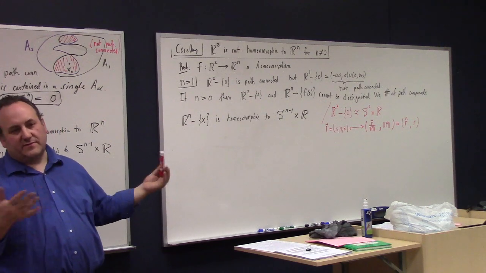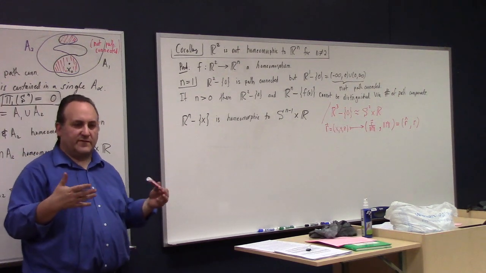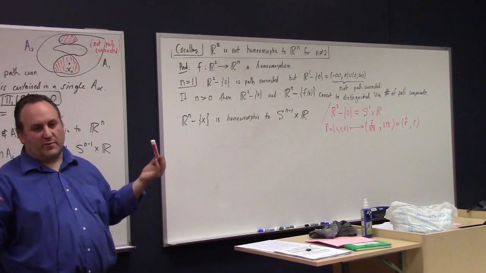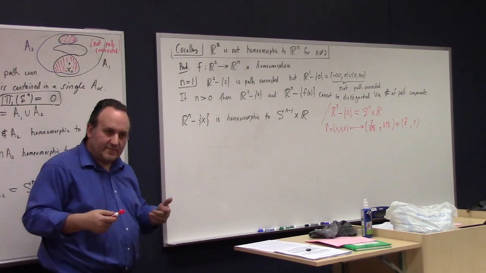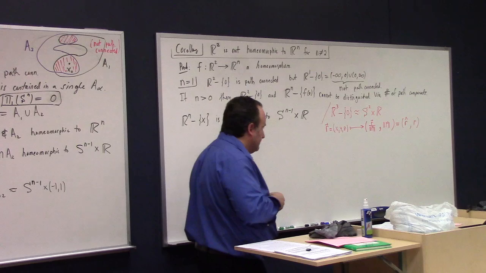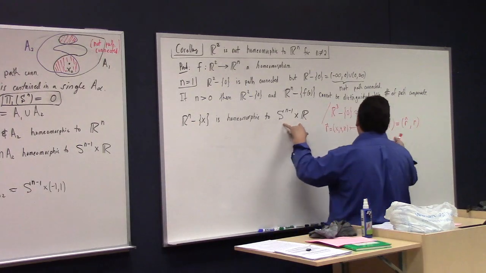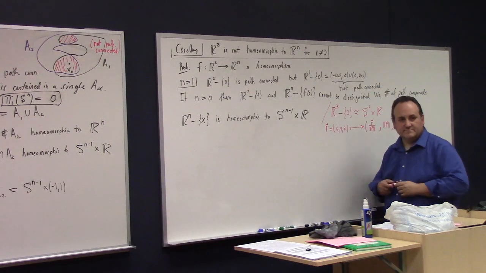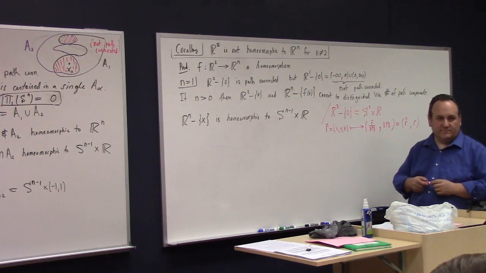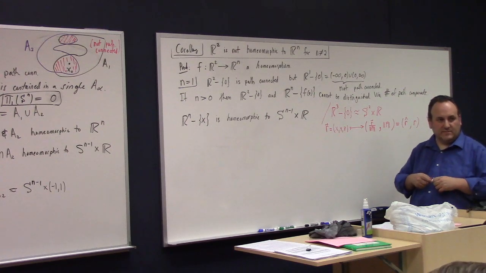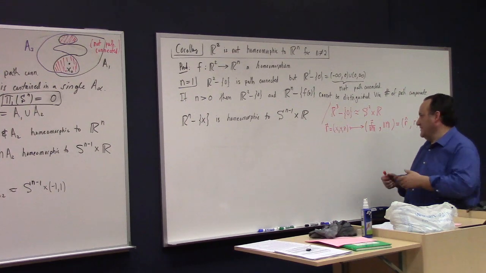And then we use the usual homeomorphism: 0 to infinity is homeomorphic to all of R. So it's polar coordinates in 2 dimensions, spherical coordinates, whatever you want. This is the map.